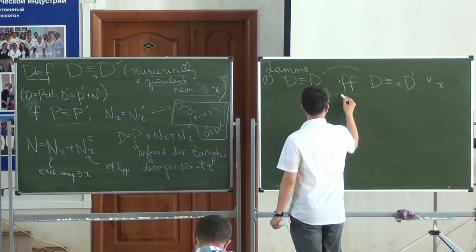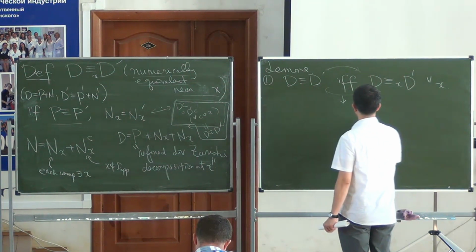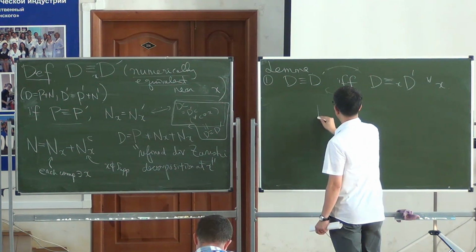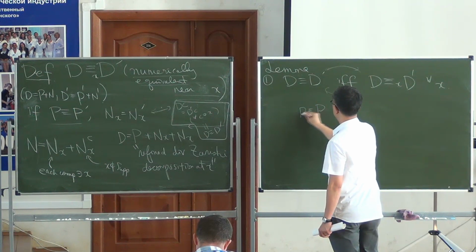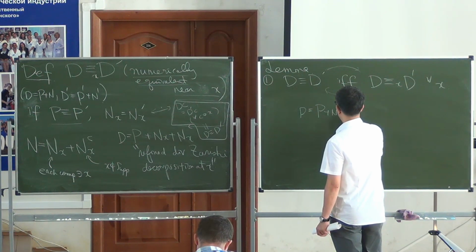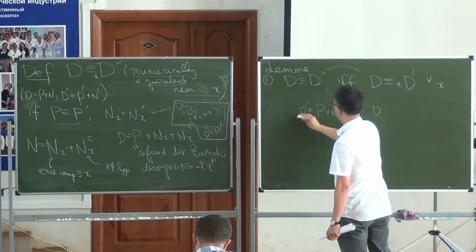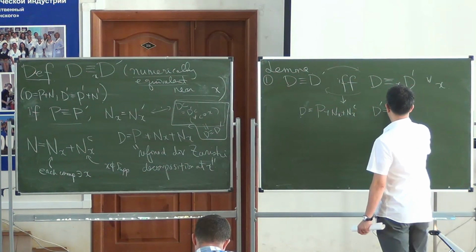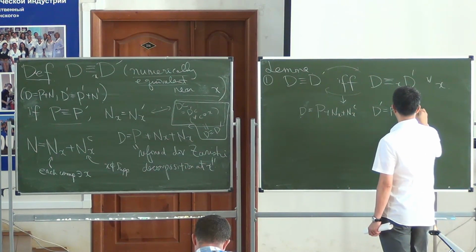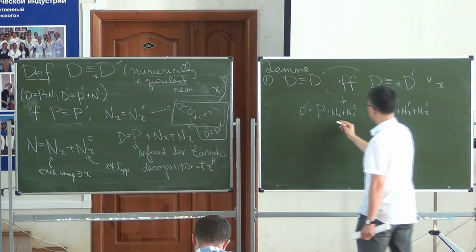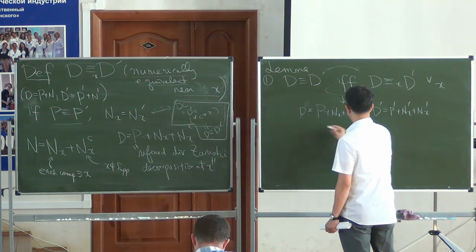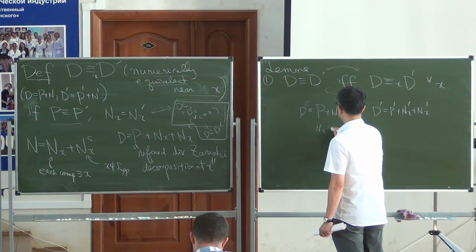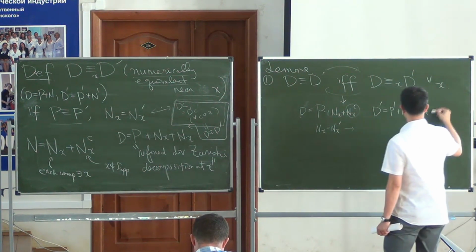So if you want to fix a point x, D is P' plus N_x plus N_x complement, and D' is P plus N_x' plus N_x' complement. If you want to fix a point x, then we know that N_x is N_x'. But we want to show that this is also equal.